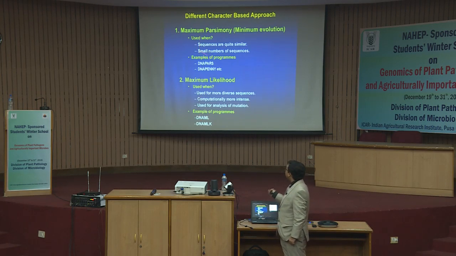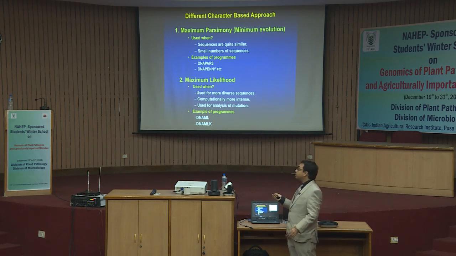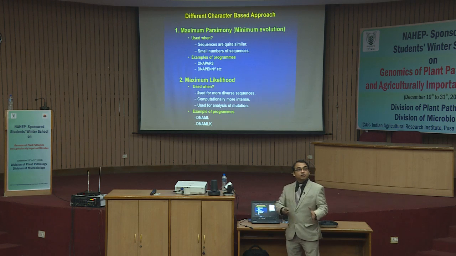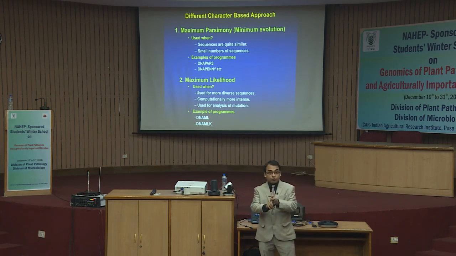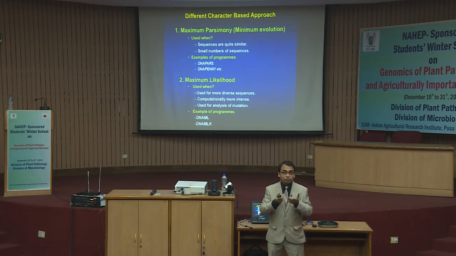These are the important character based software or algorithms which we use: maximum parsimony, maximum likelihood. When we use maximum parsimony, again the software will not tell you what you have to choose. In the software you will have a maximum parsimony approach and a maximum likelihood approach, and you have to tell the software which you want.